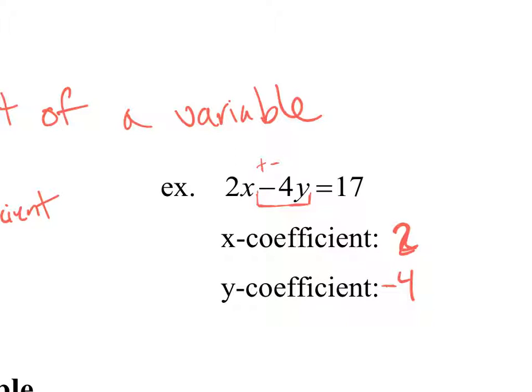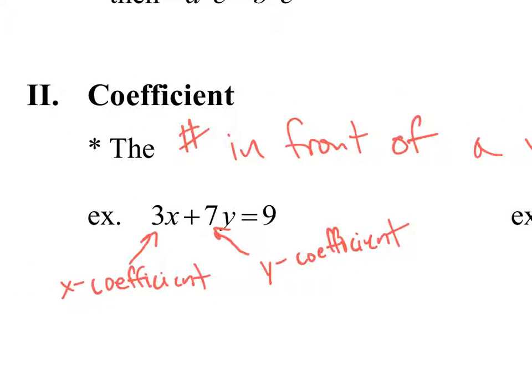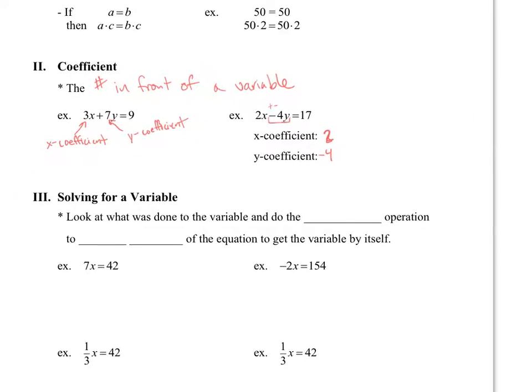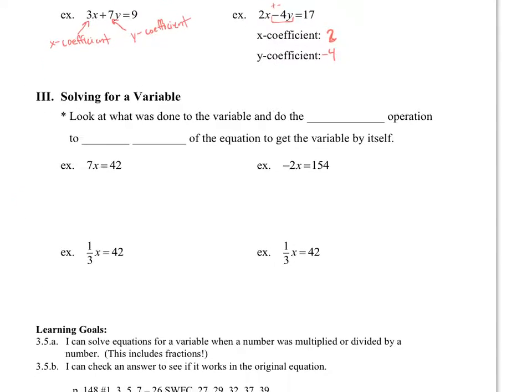But if you're doing the problem, in this one over here, it's a plus sign, so 7 is the coefficient, not -7. It's a +7, a +3, a +2 and a -4. But then when you do the problem, you make it plus. It's just understanding what's in front of the number.